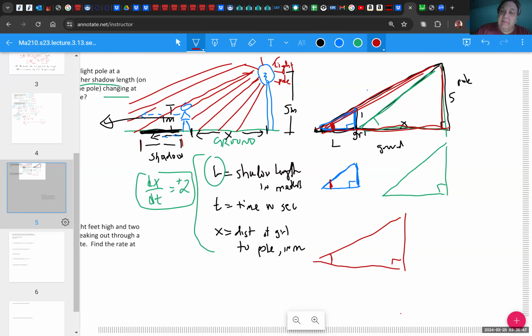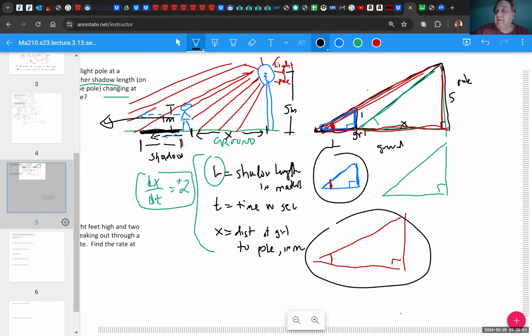So this one and this one are similar triangles. Once they have 2 equal angles, the third angle also has to be equal because all the angles add up to 180. So we know that all 3 angles are the same, just that one's a bigger version of the other one. That's called similar triangles.